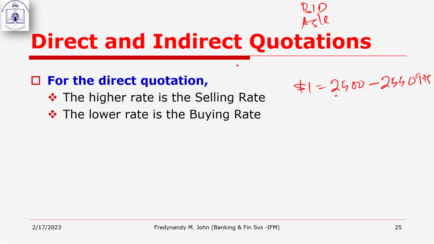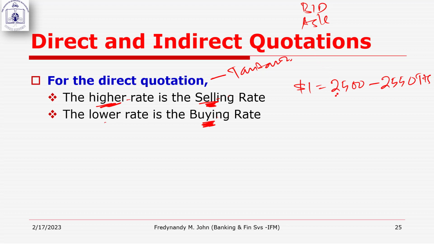Then the location of the quotation. Let's assume Tanzania. If the selling rate and the buying rate are to be determined correctly, then the higher rate represents the selling rate and the lower rate represents the buying rate.